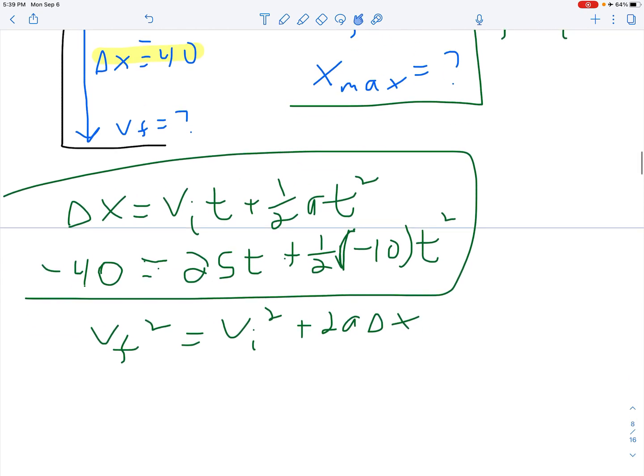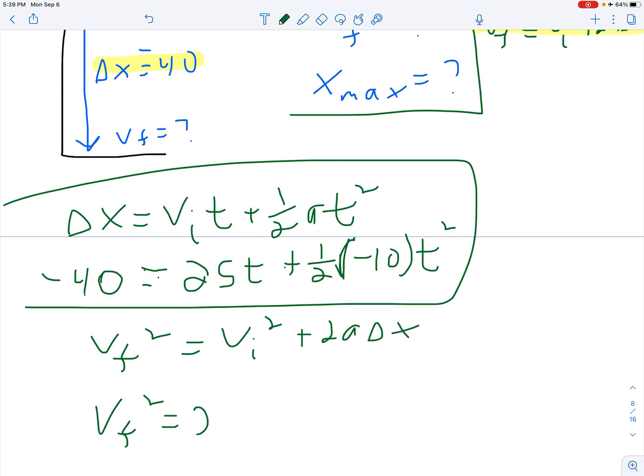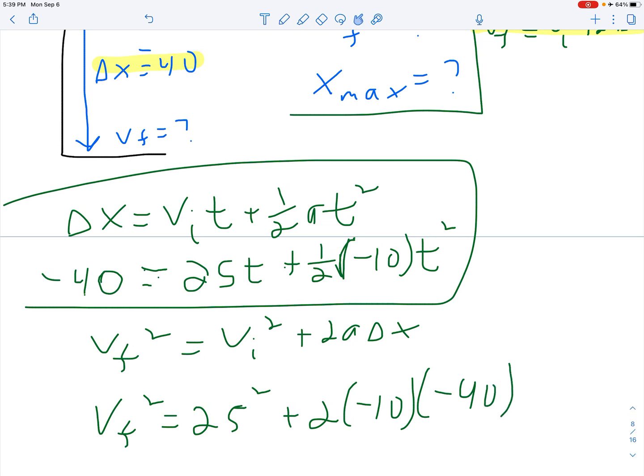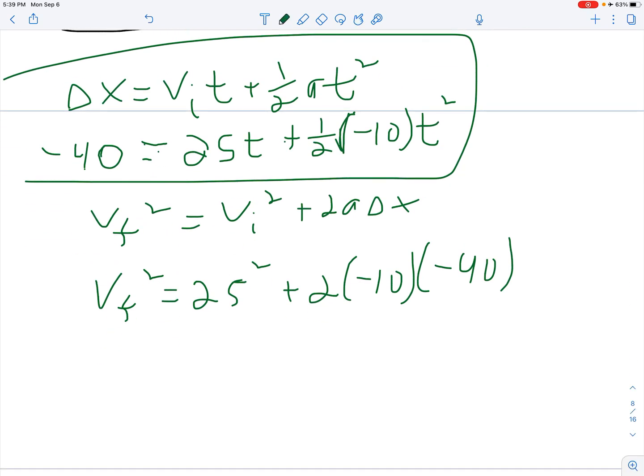Okay. I mean, we might have to go back to our quadratic, but let's see what happens here. Okay, VF squared equals VI, which is 25 squared, plus 2 times negative 10 times negative 40. All right, this looks pretty simple. 25 squared is 625 minus 5 times negative 400.